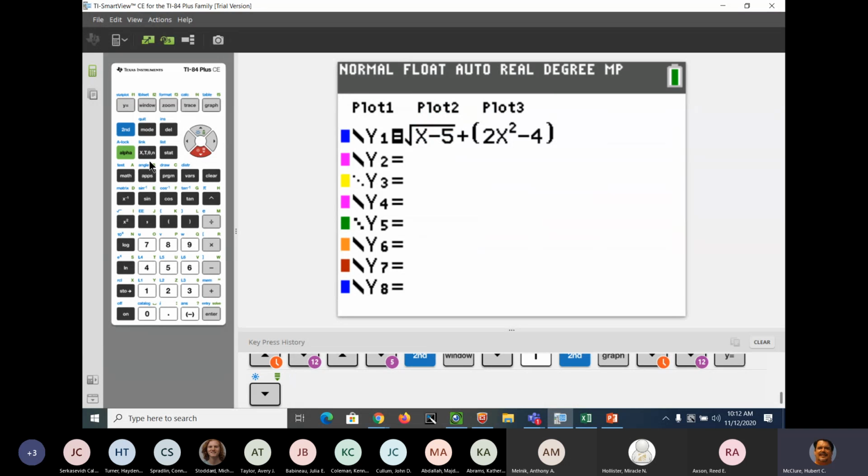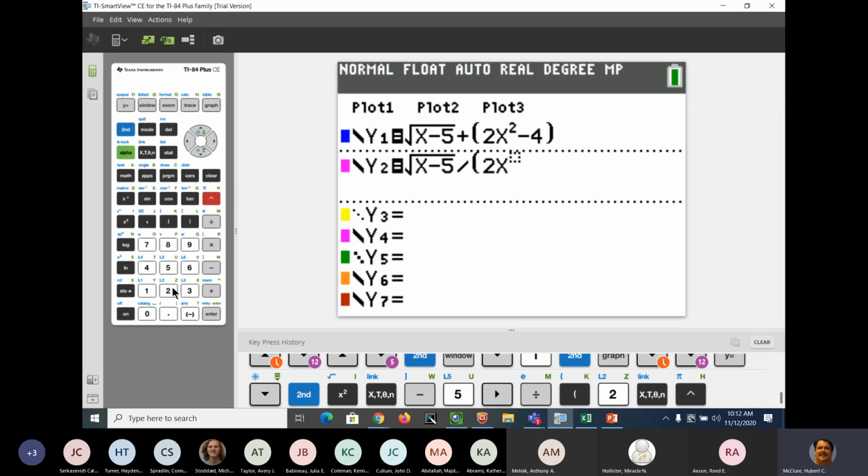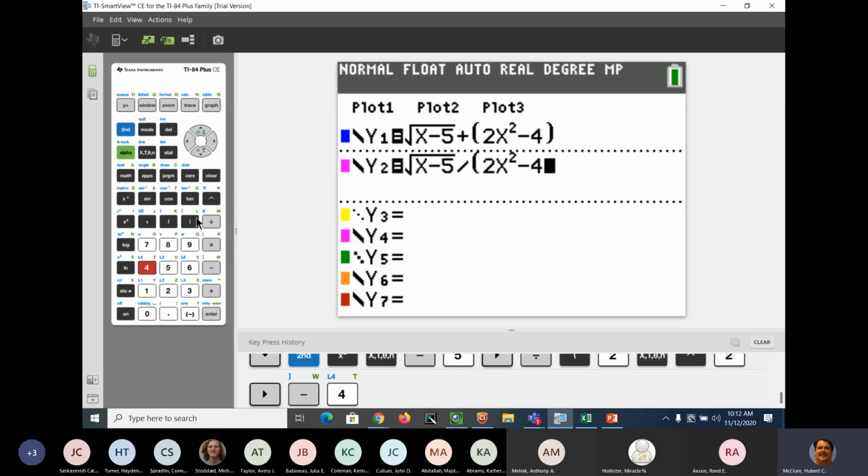So the square root, if I could find the square root symbol, x minus 5 divided by parentheses 2x squared minus 4. And graph that one.